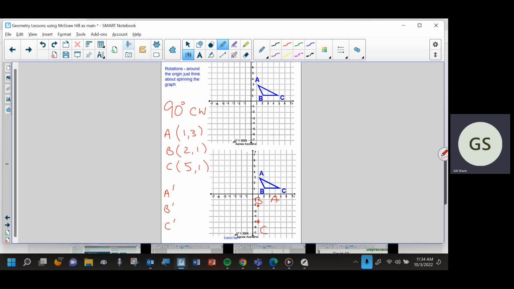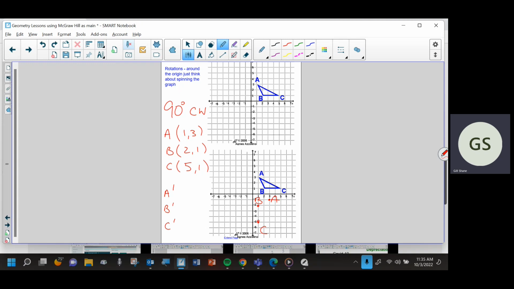I didn't slide the image around, so if this point here matches up with 5, and if this matches up with 2, they should still match up with 5 and 2 here. Because there's no sliding going on. There's no translation going on. Well, if that's the case, I got to just figure out where A is. Well, A is only 1 away from this axis, and it's on 3, so I would need it to be 1 away from the axis.